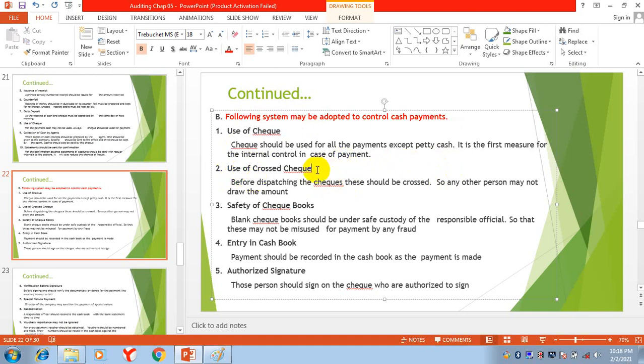Use of cross check. The second measure adopted to control cash payments is the use of cross check. Before dispatching the checks, these should be crossed, so that any other person may not draw the amount.